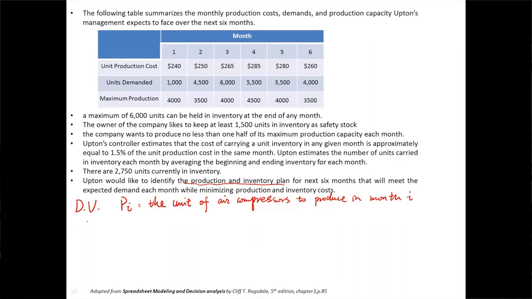But we also define II as the ending inventory in month I. This is a variable that helps us to make the model simpler, but it's not a decision variable. That's why I just put a parenthesis here.